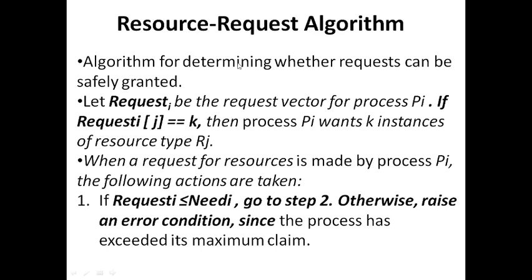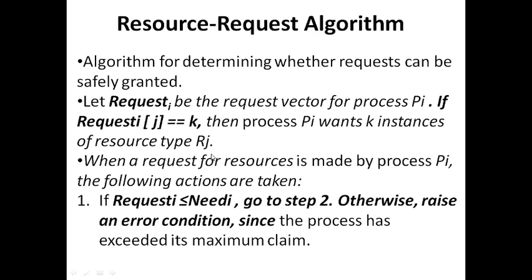For that we are going to run this algorithm. So let Request i be the request vector for process Pi. If Request i[j] equals k, then process Pi wants k instances of resource Rj.